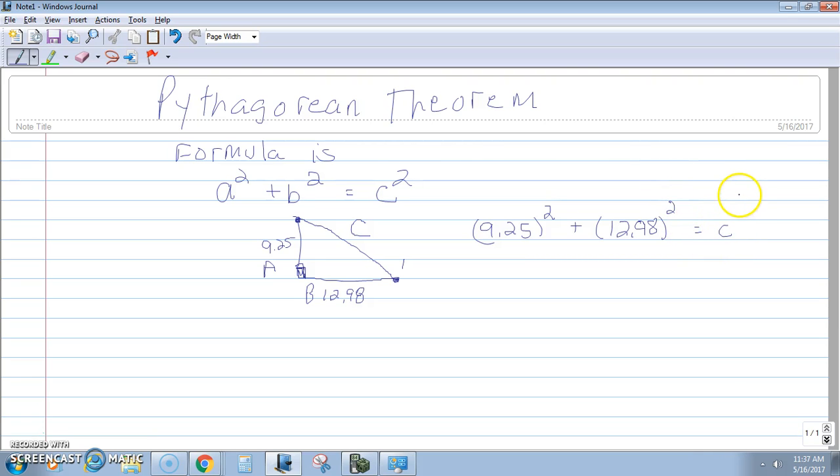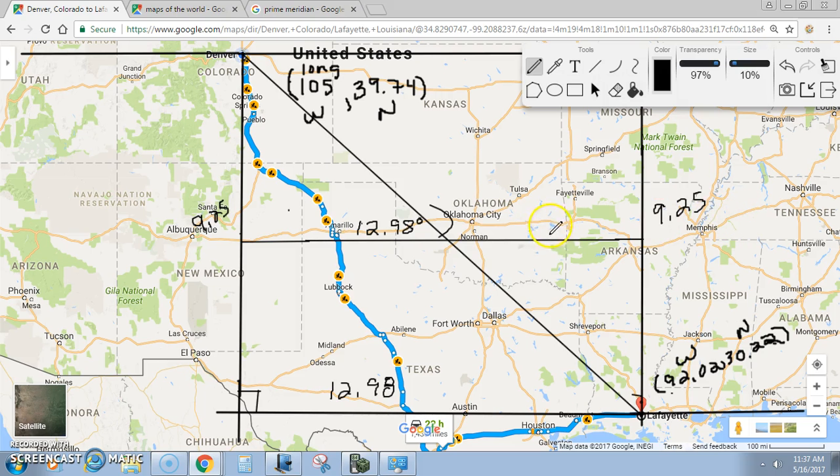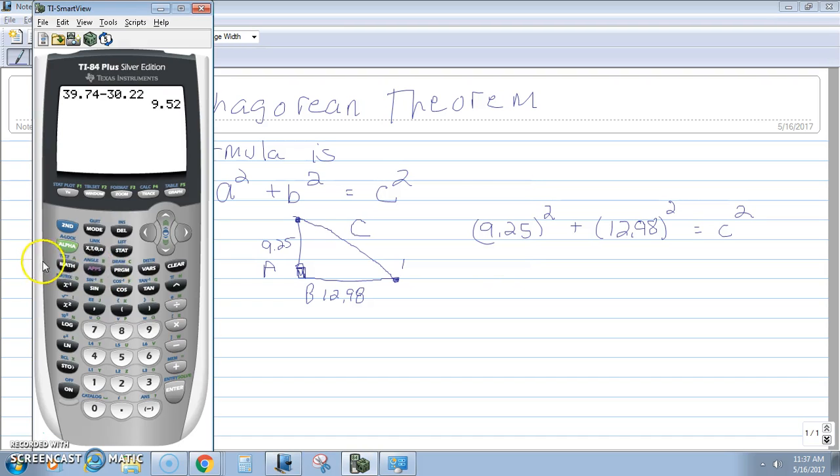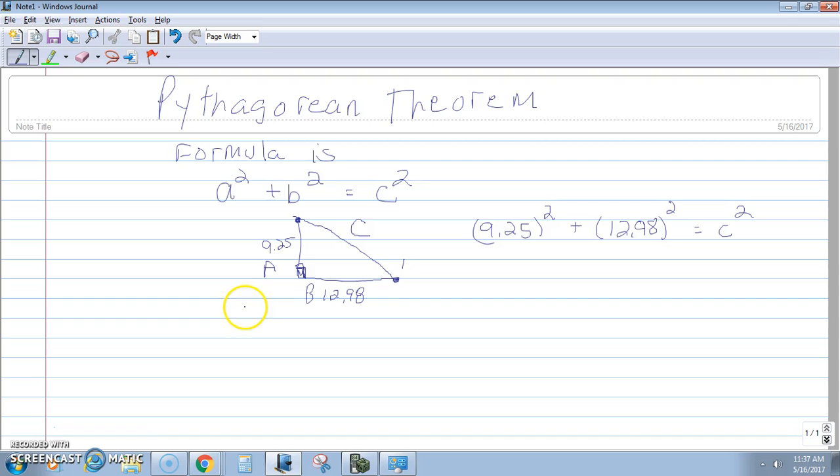It's going to be equal to C squared. So 9.25 squared is 85.56 approximately.